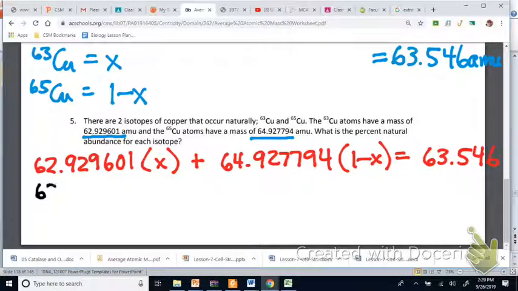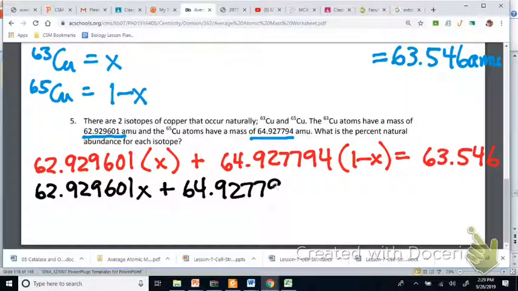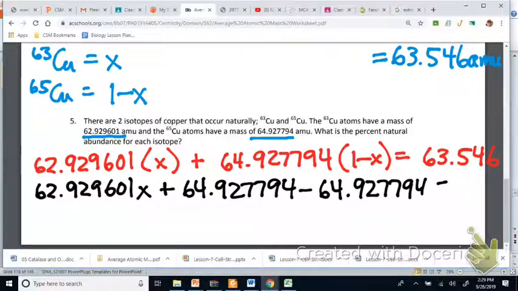So 62.929601x plus 64.927794 minus 64.927794x equals 63.546. I'm going to gather like terms.